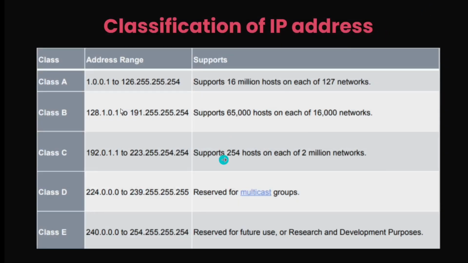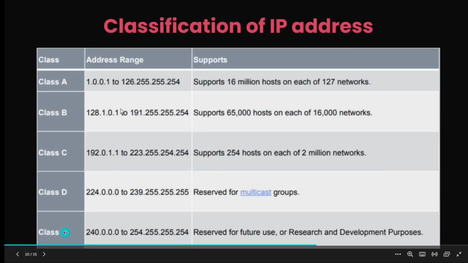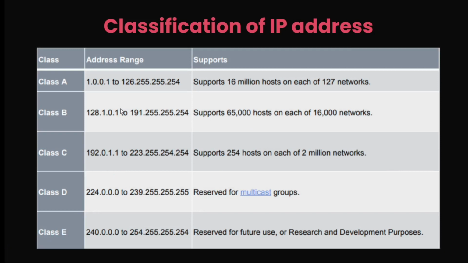Okay, and class E is used for research work. So these are reserved IP addresses for future use, or mainly used for research and development purposes. So these are all handled by IANA. Common people do not know whether they are using this class, or whether they have used it or not. I am a common person, I don't know.